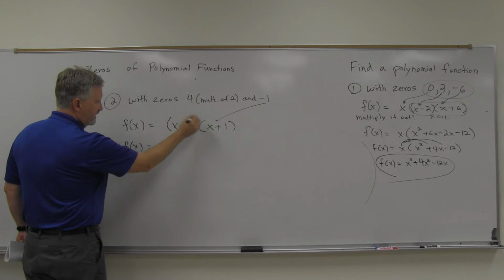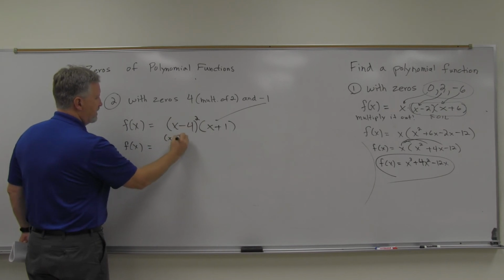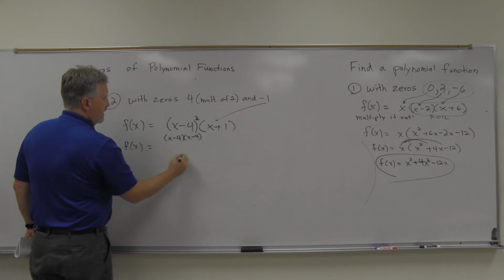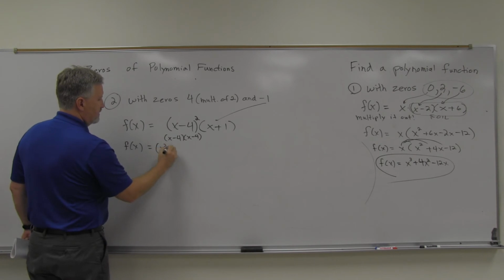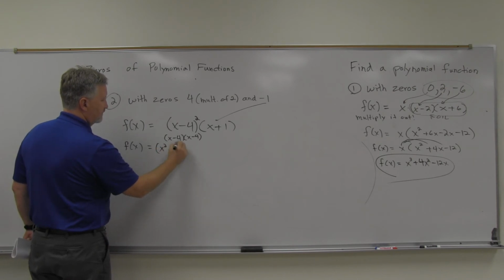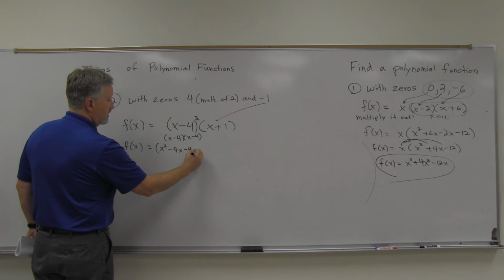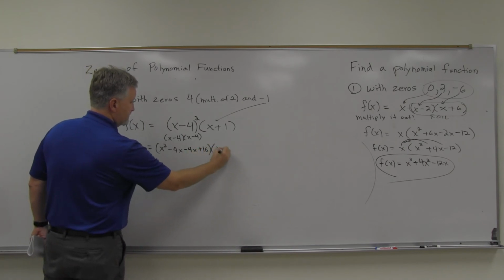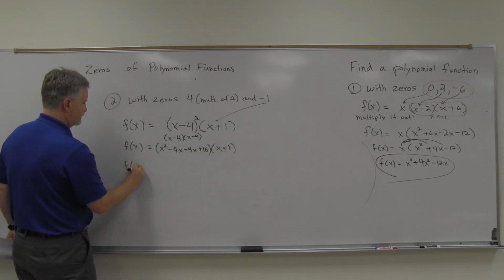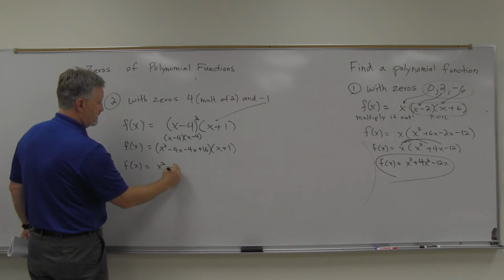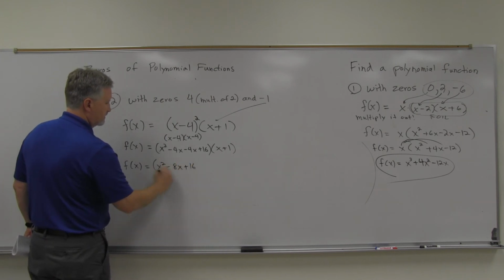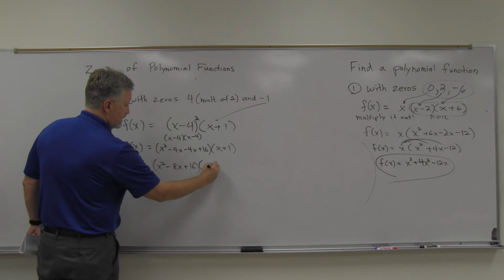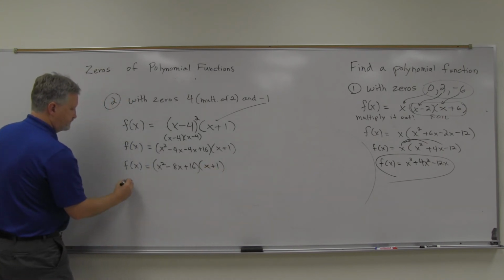All right, so again, if you want that, square it out. Write it out twice, so that'd be x squared minus 4x minus another 4x plus 16, times x plus 1, so that's x squared minus 8x plus 16 when you combine the two in the middle, times x plus 1.